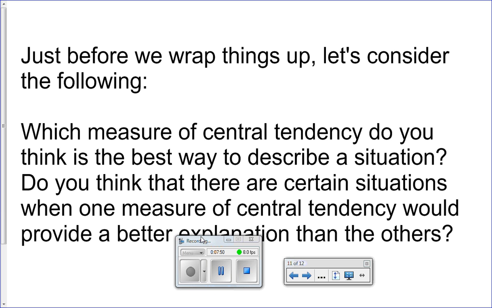But here in grade 7 and later in grade 8, we need to consider where we use certain things that we're learning in math. So we'll spend some time looking at different situations tomorrow, and we'll talk about whether it would be best to describe the situation by finding the mean, or whether it would be better just to look at the data and say, oh, well, the median or the mode are actually more helpful in describing the situation.